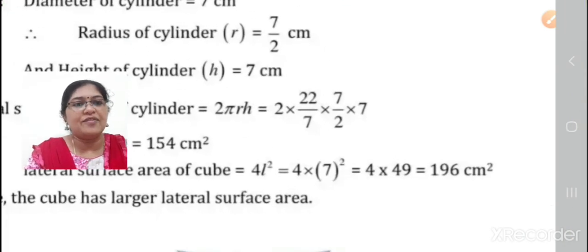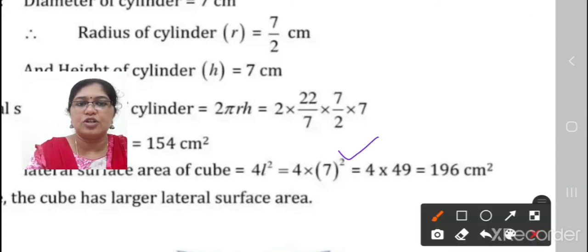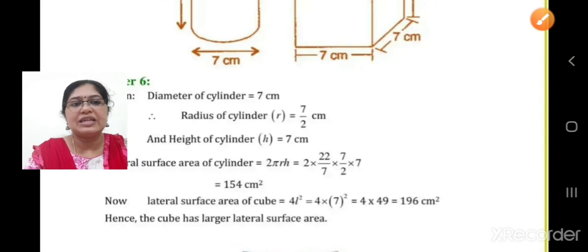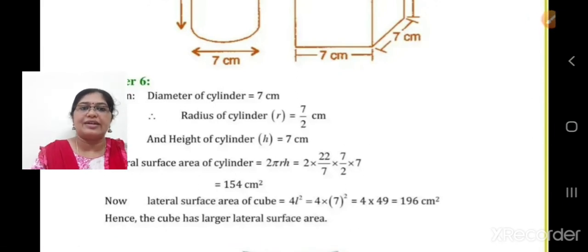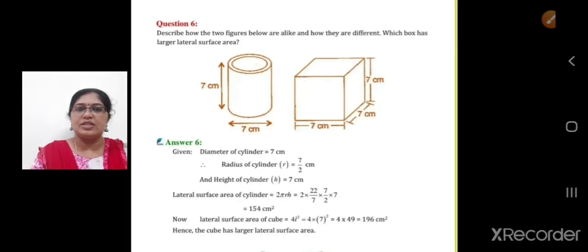That is 4 into 7 square, 7 square is 49, and 4 into 49 equals 196 centimeter square, the lateral surface area of the cube. Which is greater, 154 or 196? 196. So the lateral surface area of the cube is larger. Now we'll go to the next question.